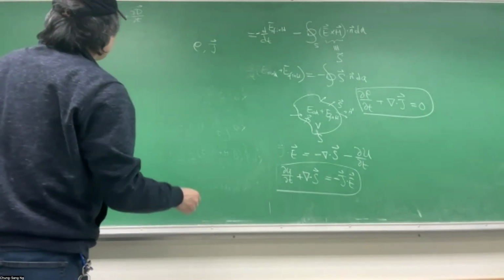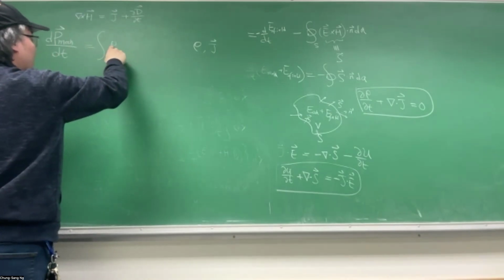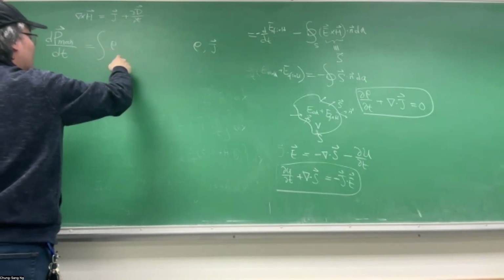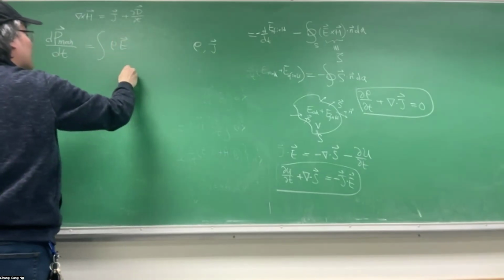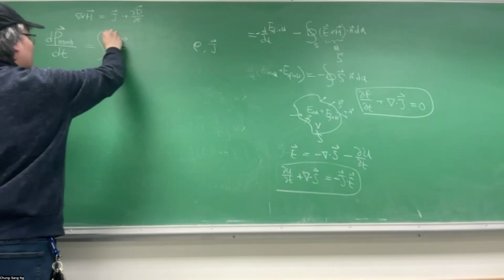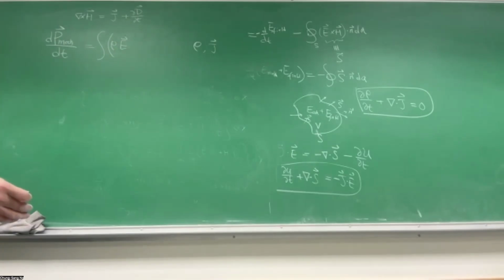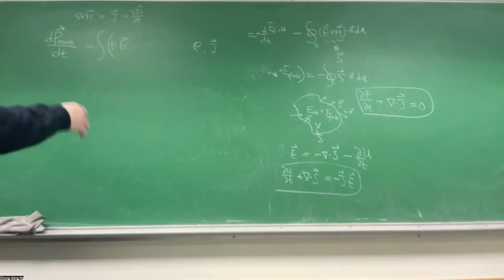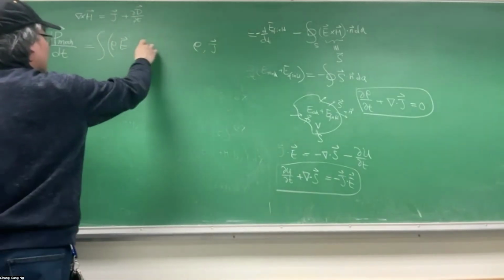So you have a charge density. Charge density you integrate over the volume, and it becomes charge. So the force is charge times electric field. So you have rho E, right? And then you have the v cross B term. Now v cross B becomes J cross B, because with J you integrate over volume, and it becomes a charge times the velocity, right?